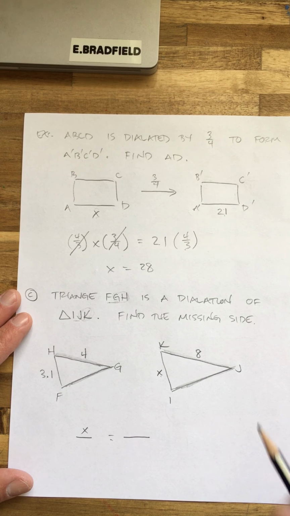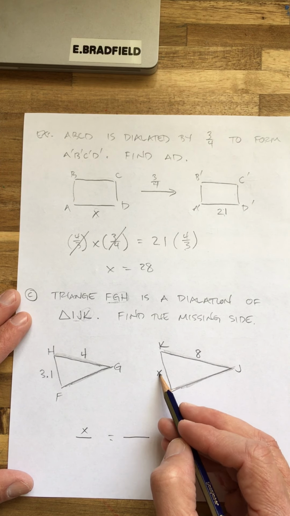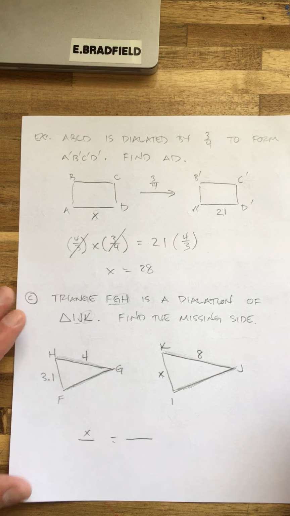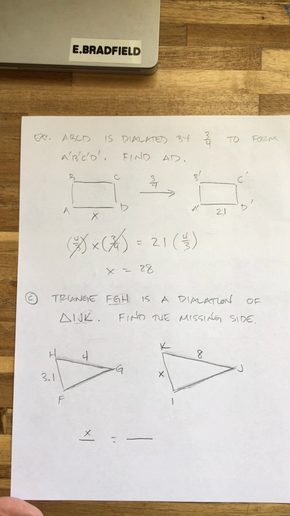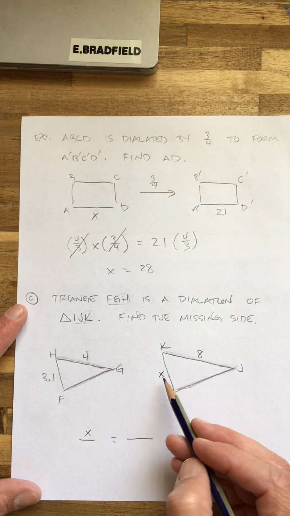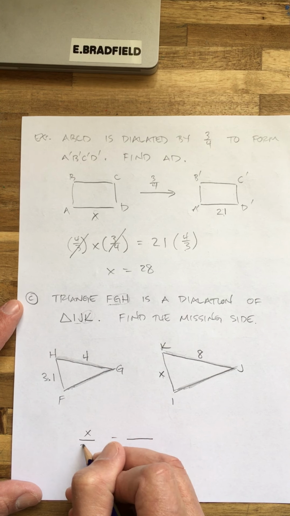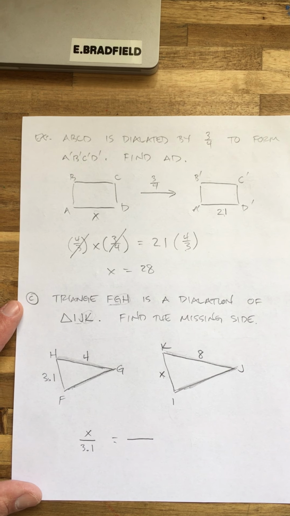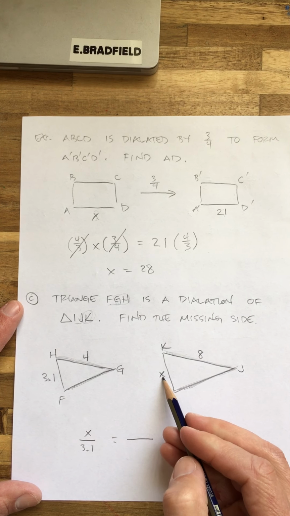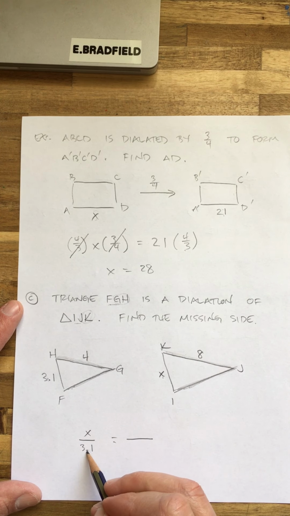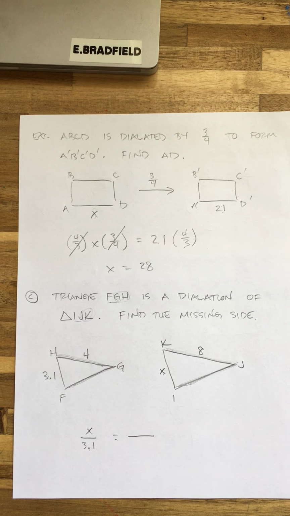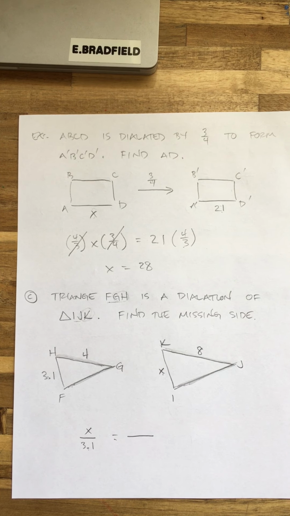You can say that the X matches up with the 8, that's cool, or you can say that the X matches up with the 3.1. Any one of those is going to be fine. Me personally, I think it's best to say the X matches up with the 3.1, so that's what I'm going to put right here, 3.1. But again, you can say the X matches up with the 8 and put the 8 here, that's fine. The only thing you can't put is the 4. The X and the 4 are on completely different pages.